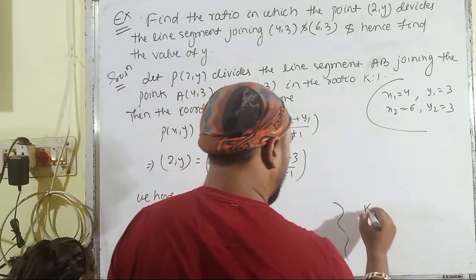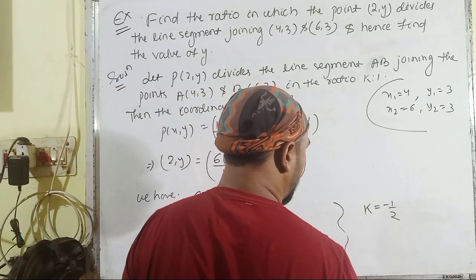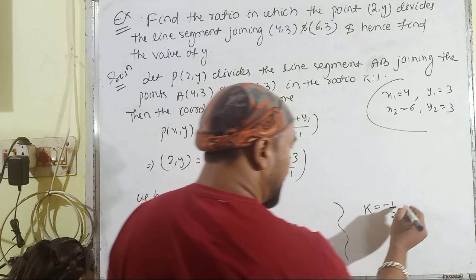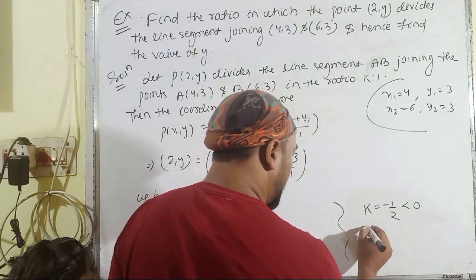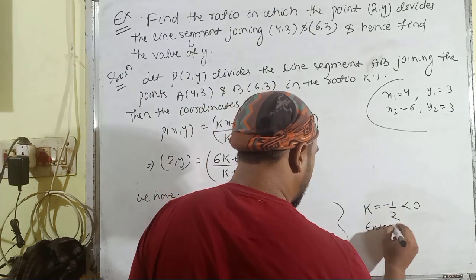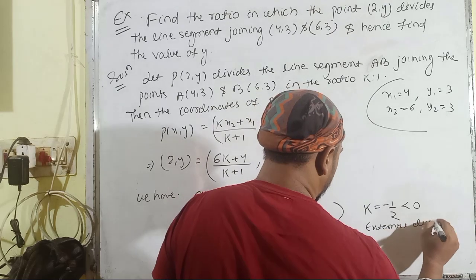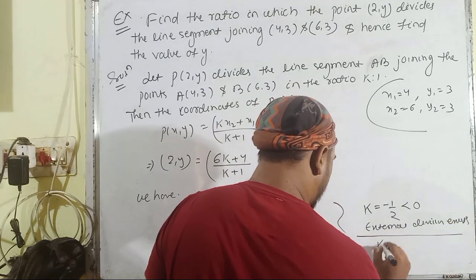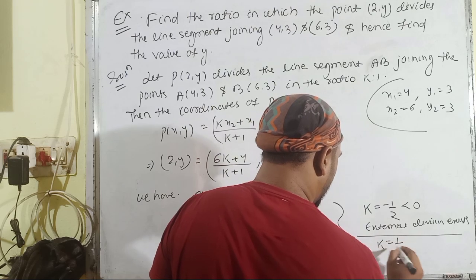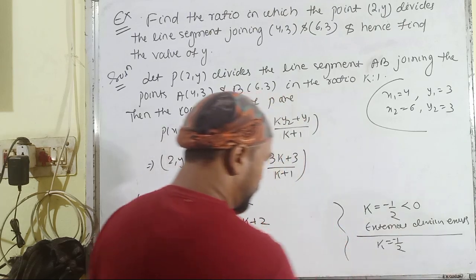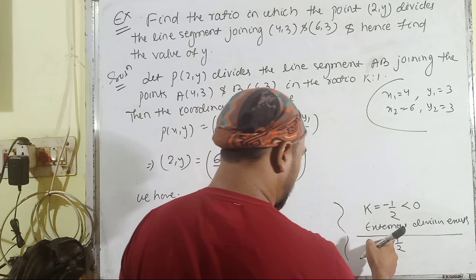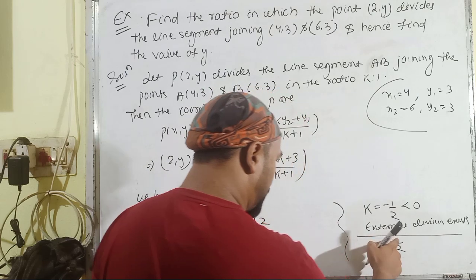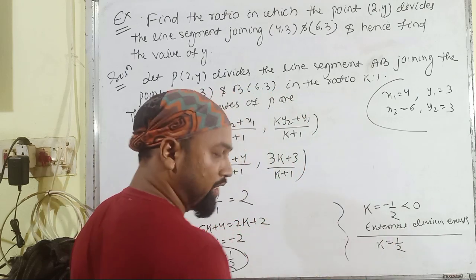And here k is equal to minus 1 by 2, that means it is less than 0. That means the external division exists here. As k is equal to minus 1 by 2, we have to consider only the 1 by 2 value.